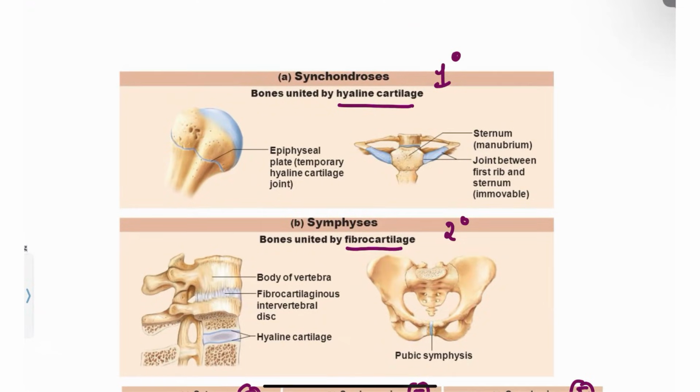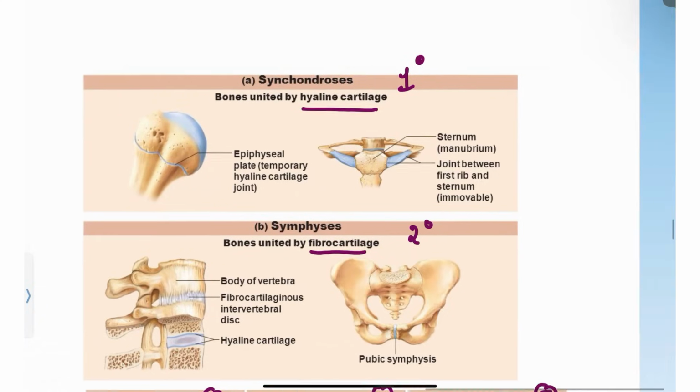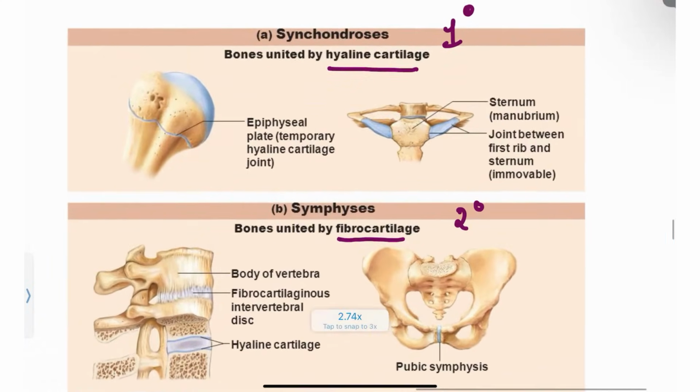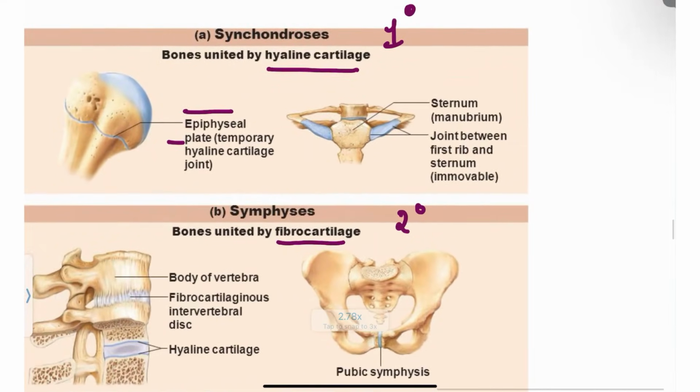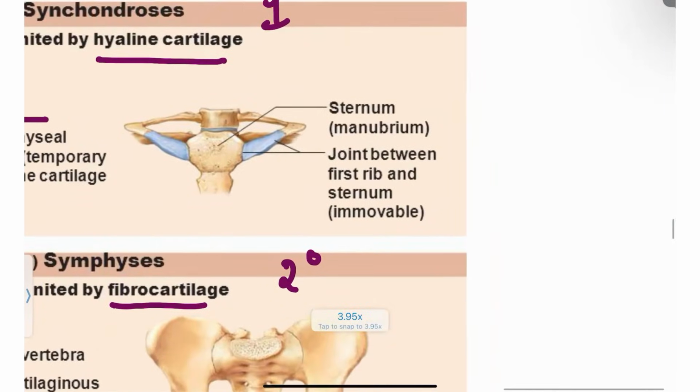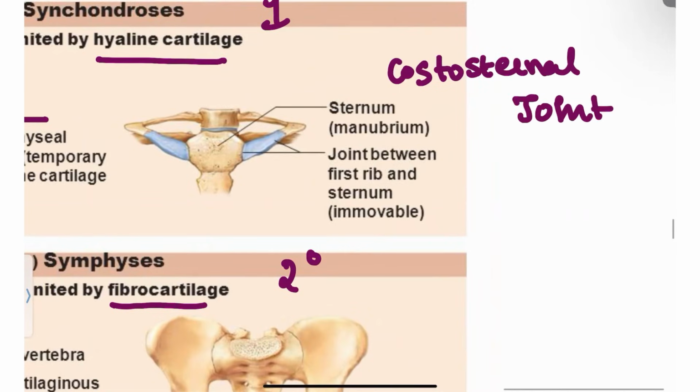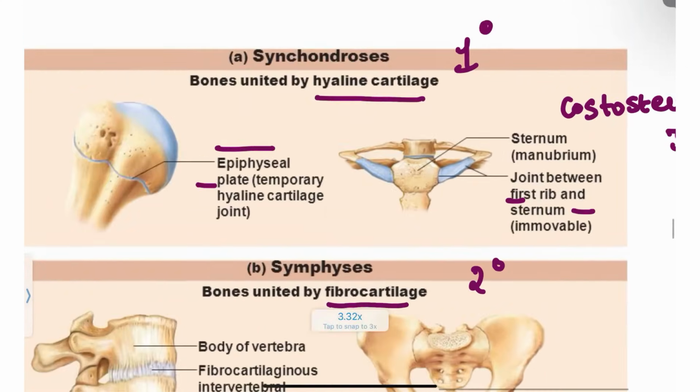What are the examples? For the primary cartilaginous joints, there is the epiphyseal plate. The epiphyseal plate in children especially is a synchondrosis, a primary cartilaginous joint. Another one is the costosternal joint, connecting the first rib and the sternum, which is a synchondrosis.